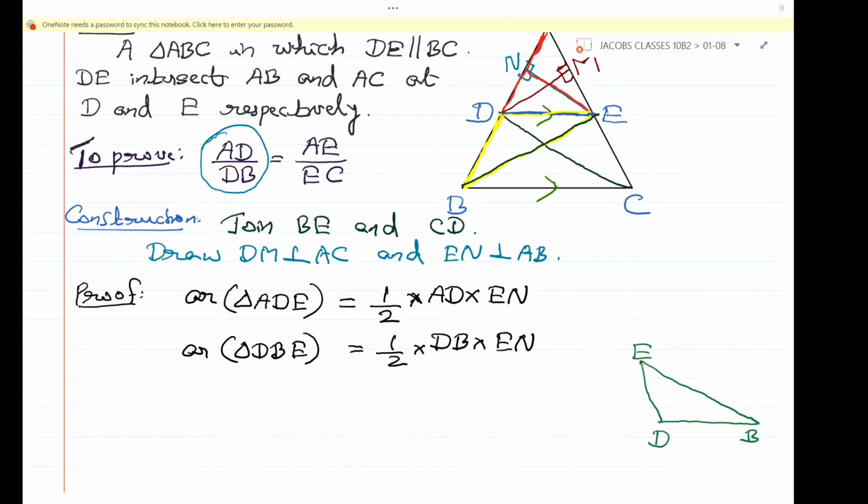Height is outside the triangle. So it will be like this, right? So this is the height. Is it clear, Anushka? So that is EN. EN is the height. This will happen in an obtuse triangle, the perpendicular will be outside the triangle. That is the reason DB is the base, but EN is the height. Okay, clear? So now we will divide these two.